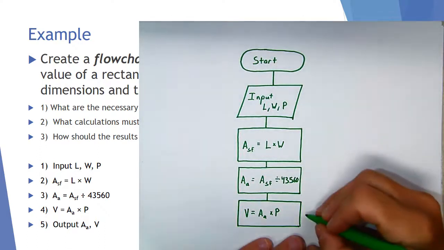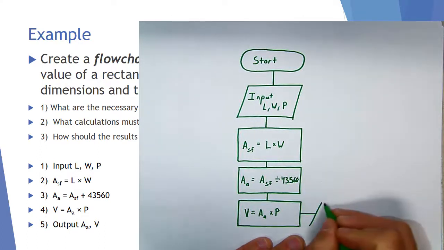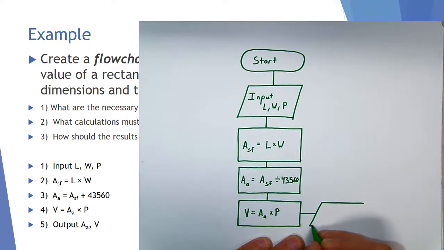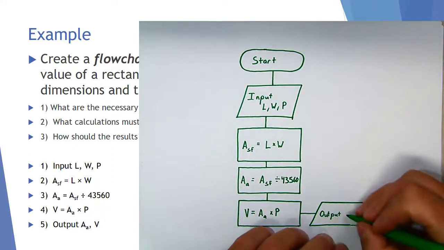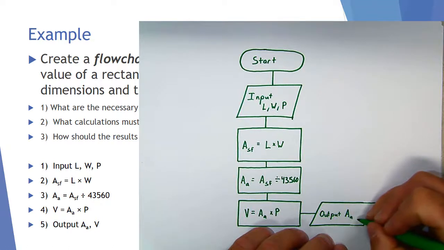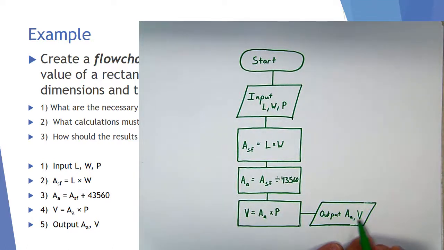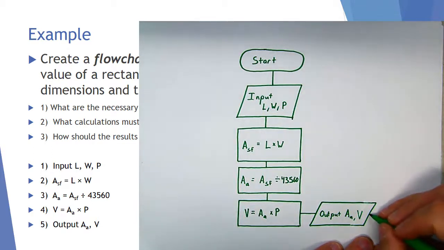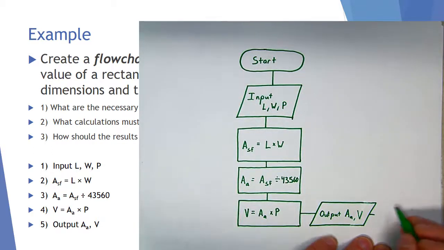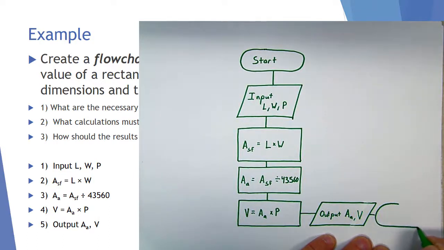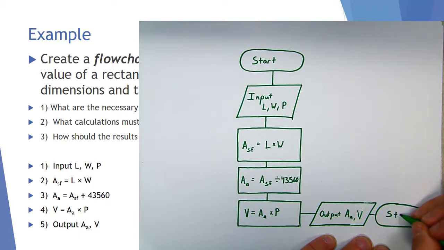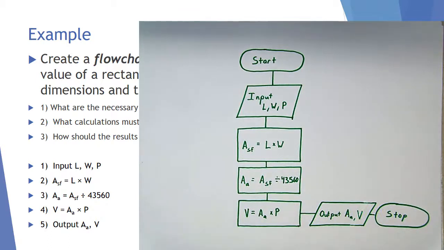Then our last step was to output those values. So we're going to have that lead to another parallelogram. And we'll output our area in acres and our value of our land. And finally, we'll lead to another termination symbol, where we will stop our process.